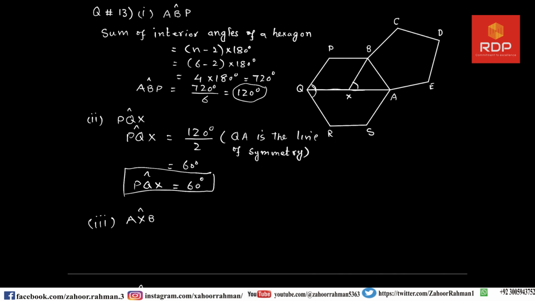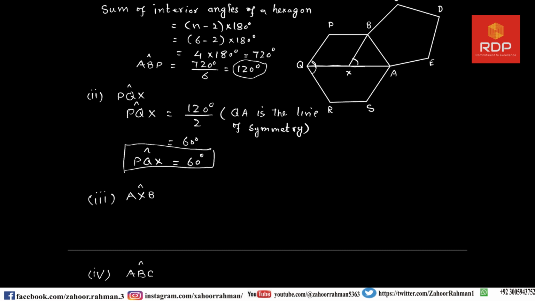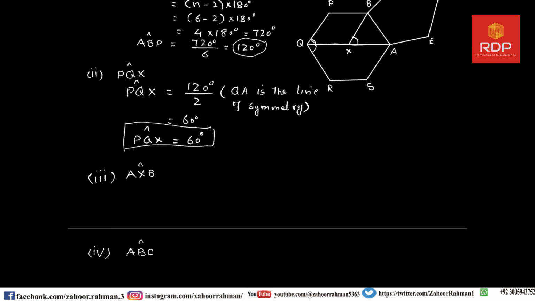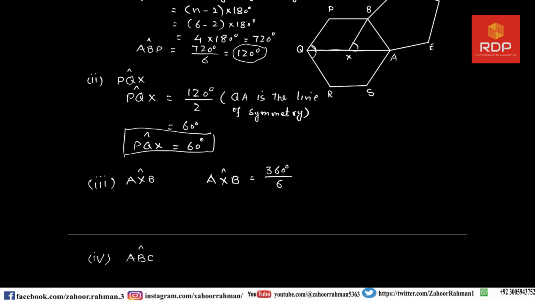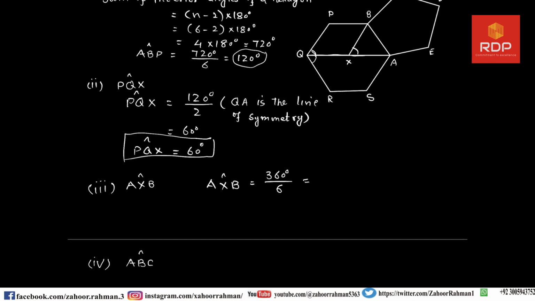Let me first write AXB is equal to 360 degrees divided by 6, and that is due to angles at a point.